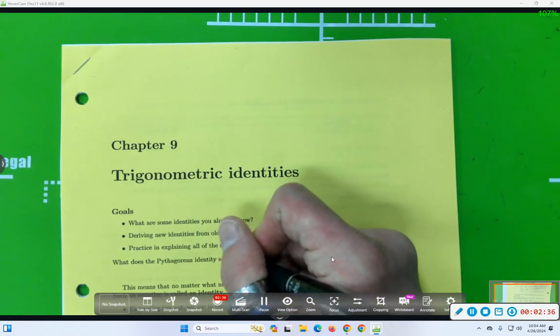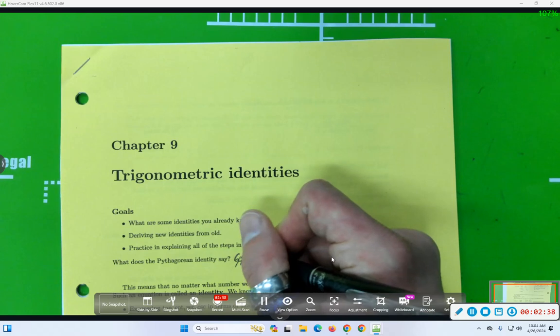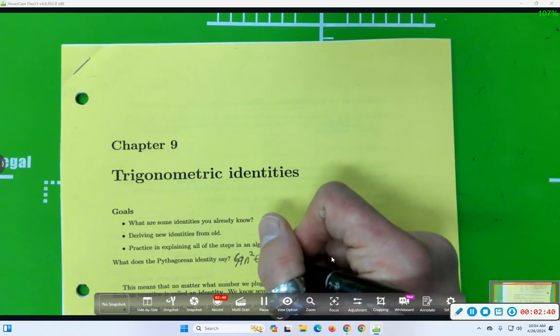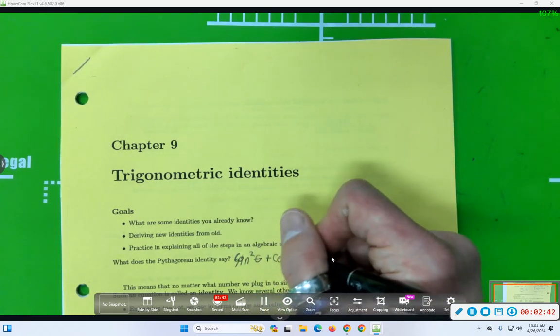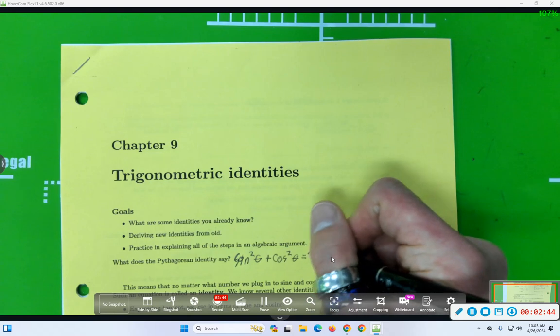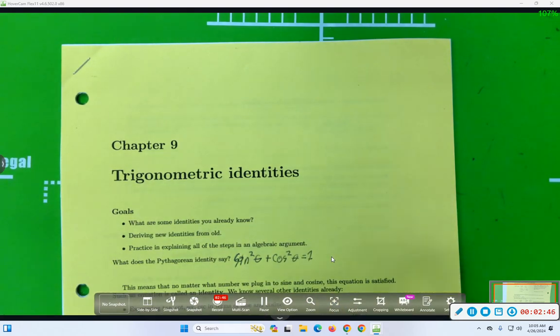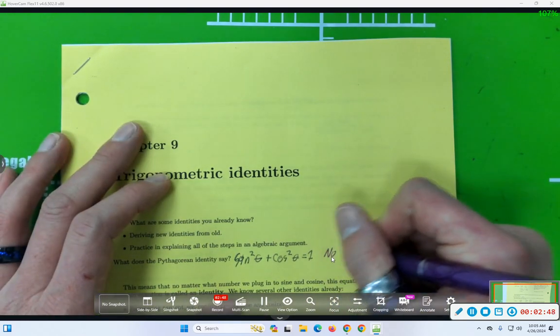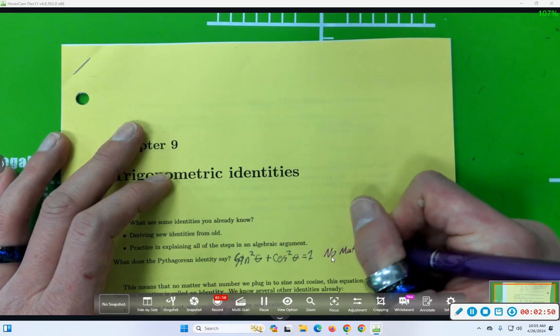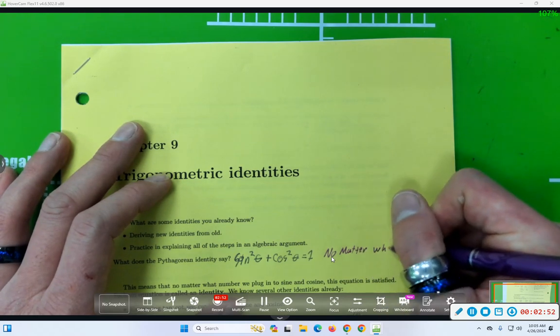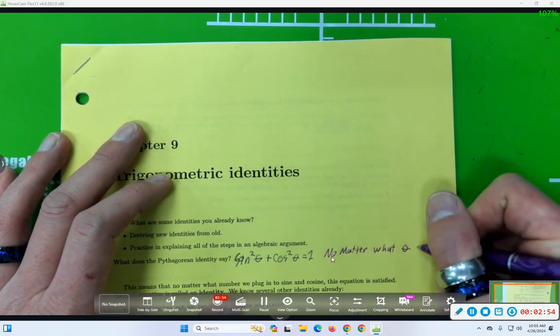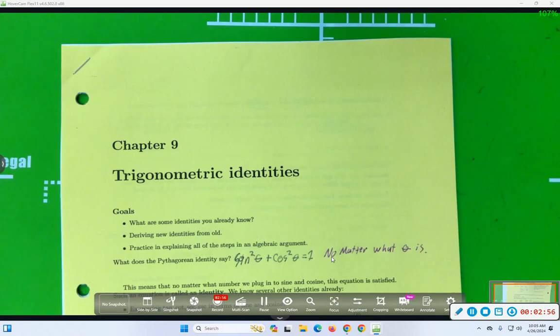Nice. You started with sine. Sine squared, and I'll give a name to the input, sine squared of theta plus cosine squared theta equals 1. And I'm going to add this. No matter what you plug in for theta, that equation is true.